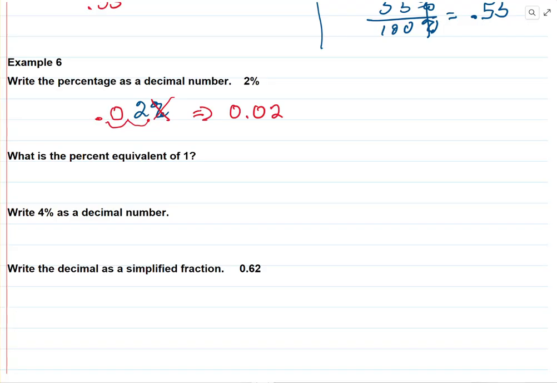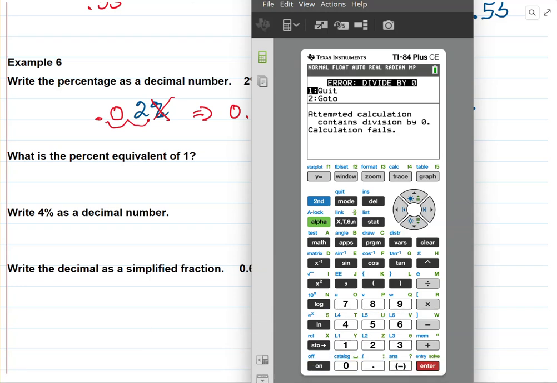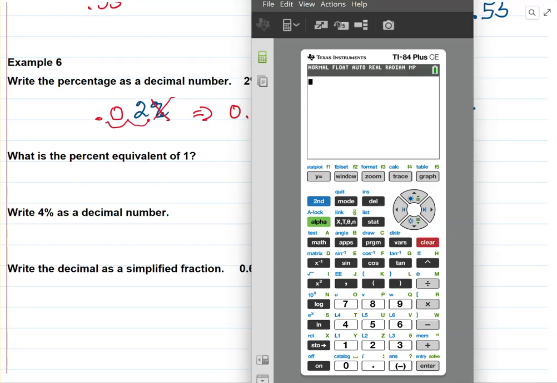Now, if I did it by calculator, I would have 2 divided by the 100, and I would get the same answer. And you can see that on my calculator. We're going to say 2 divided by the 100. And that gives me the decimal .02.